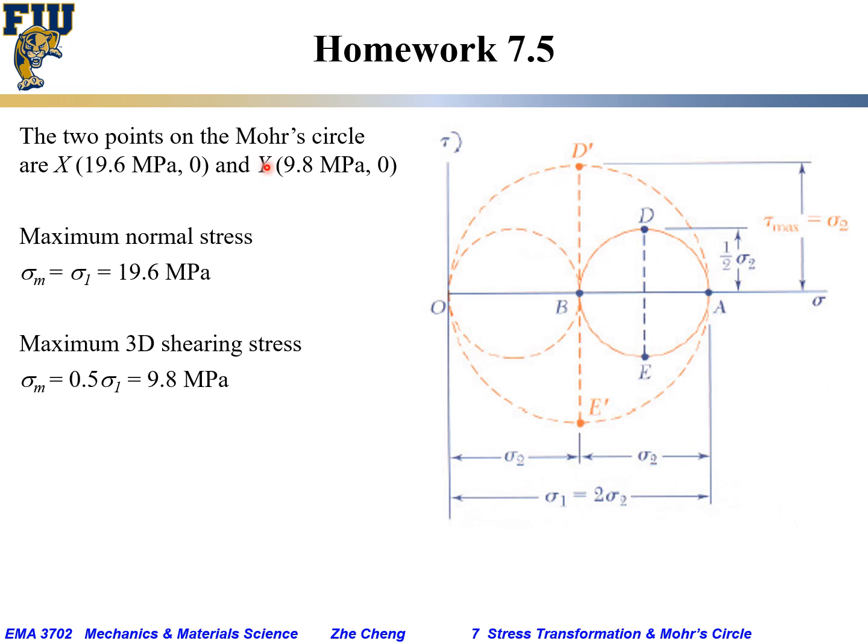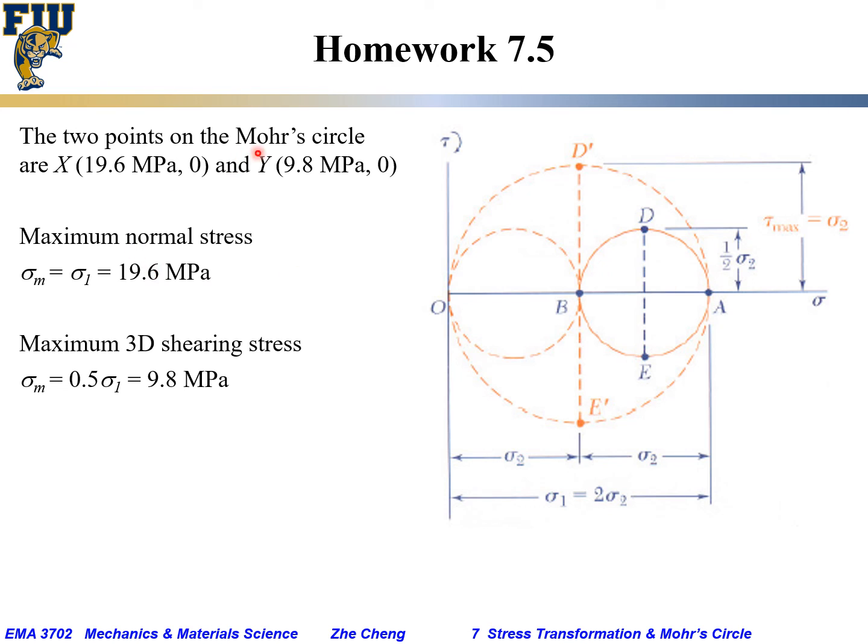So we will know the two points on the Mohr circle. One is x, essentially here at 0, 19.6 megapascal. Okay, it's trying to make the cylinder larger in radius.